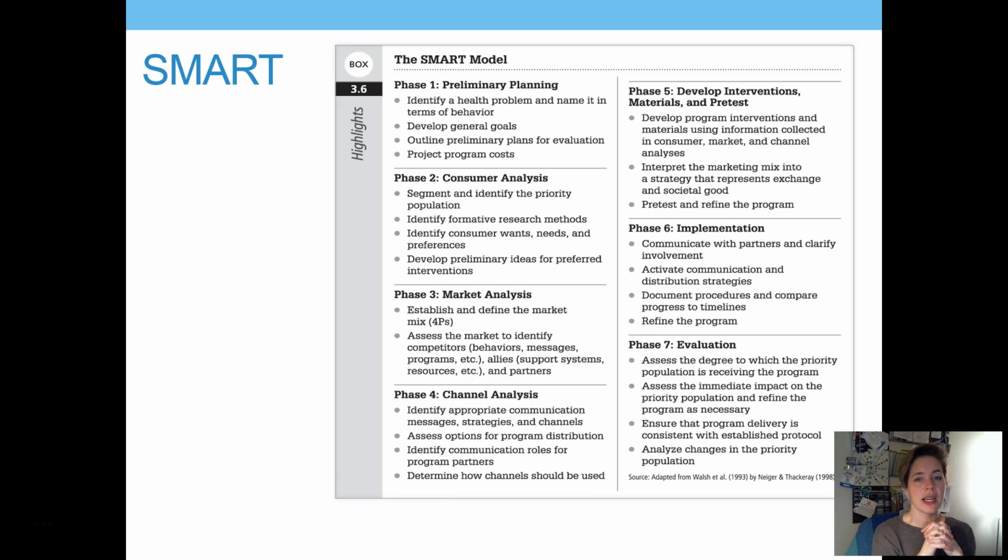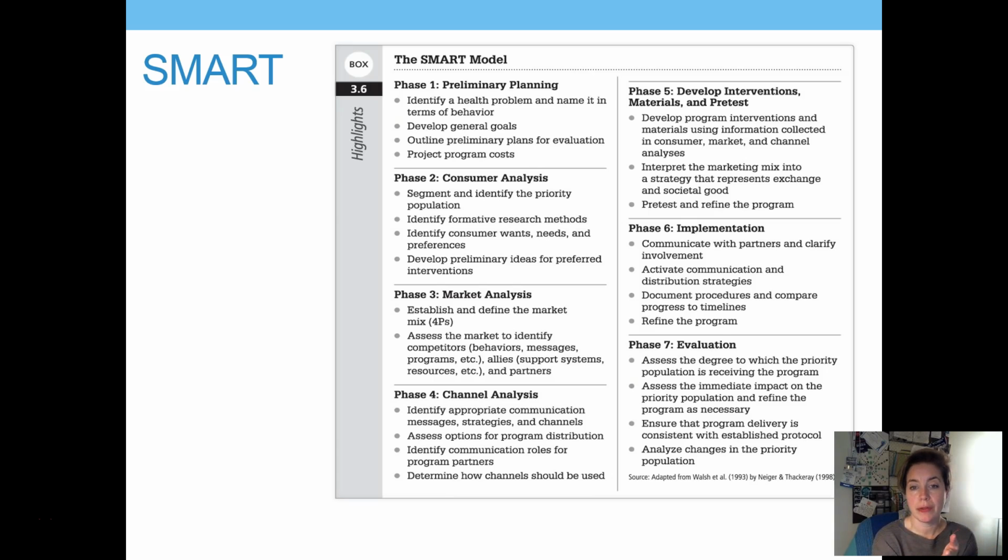We can segment a population by race, which I don't recommend. We can segment a population by age, which might be appropriate if we're looking for STIs or looking at diabetes. We can segment by a whole number of different factors of individuals, but just so you understand what segmentation means, there it is.